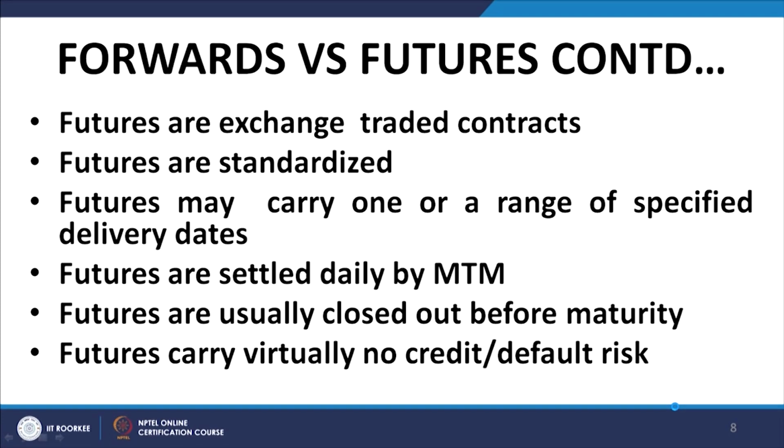Futures may carry one or a range of specified delivery dates that depends on the nature of the contract. Futures are settled by marking to market on a daily basis, and they also have some kind of margining, by which, as I mentioned, the clearinghouse protects itself against the possibility of default by any party who is holding a position in the futures contract. Futures are usually closed out before delivery.